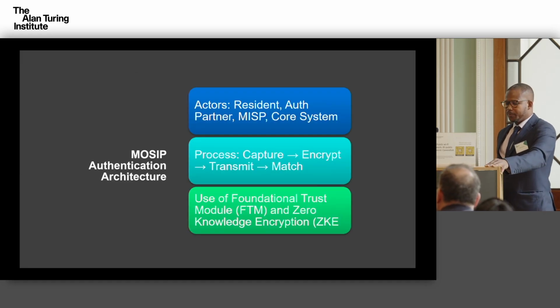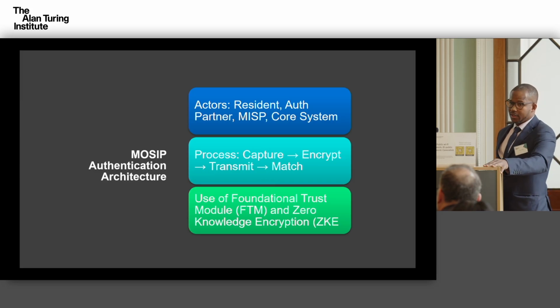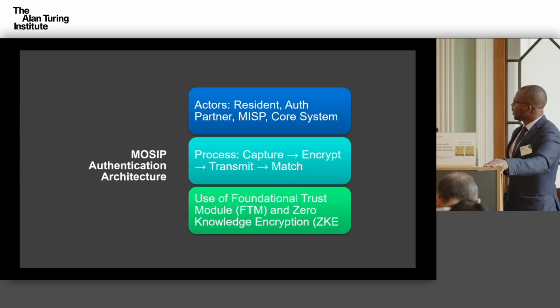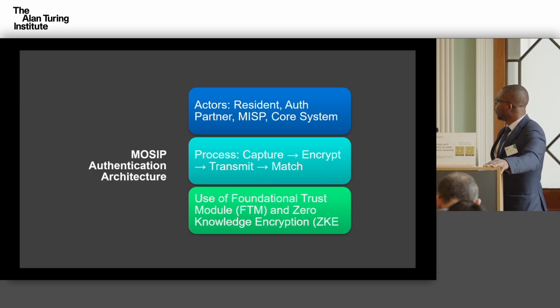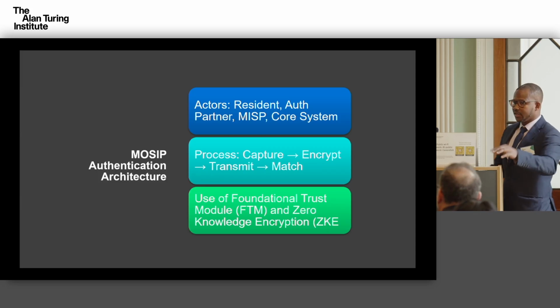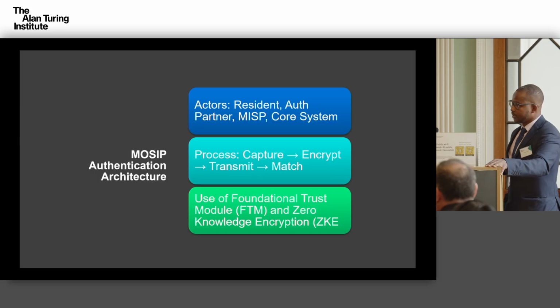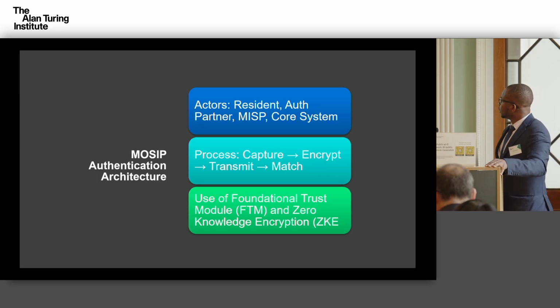The MOSIP biometric architecture has three main key things: the actors, the process, and the use of the foundational trust models. The actors, whose linkages I will show in the next slide, are the resident, the authentication partner, and the MISP system, which is a core system.